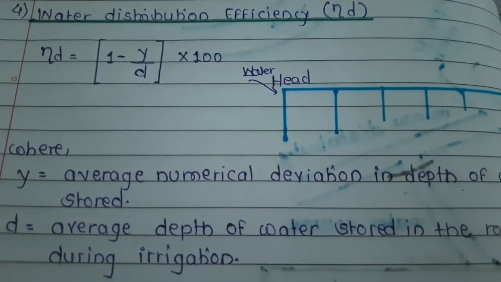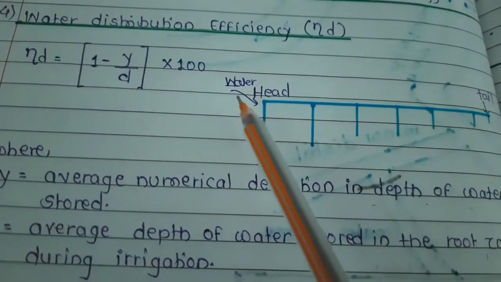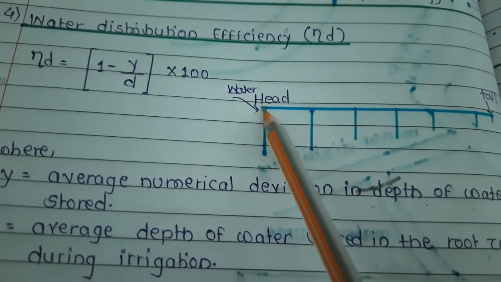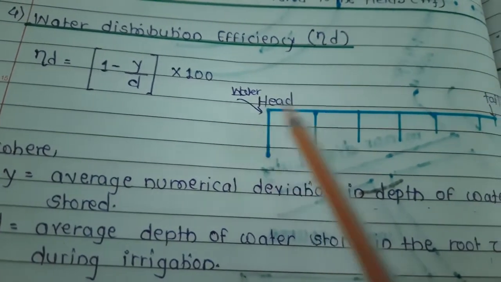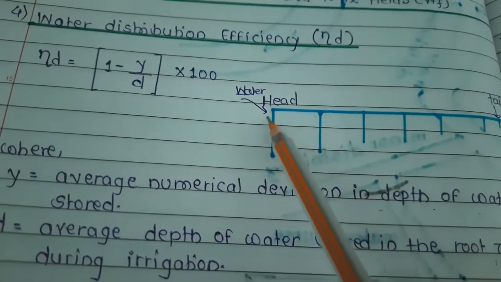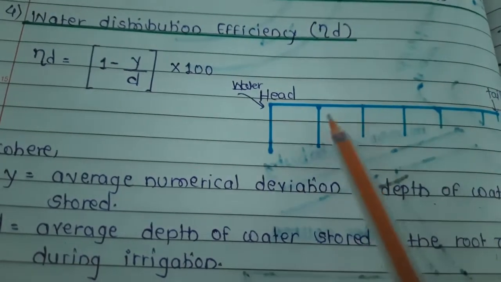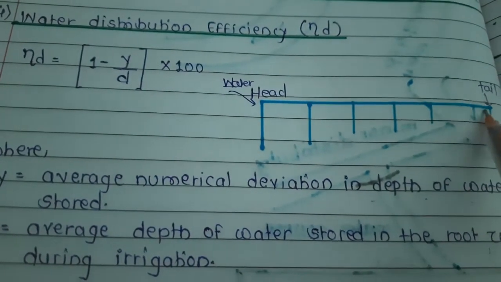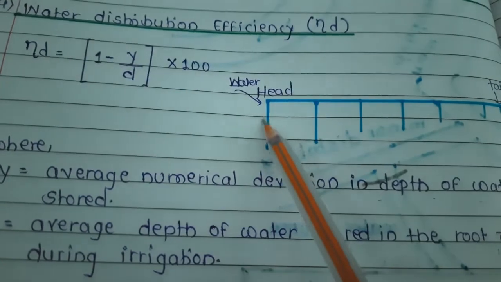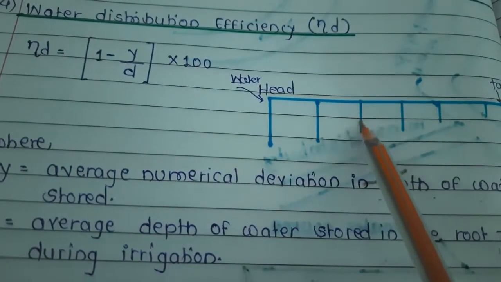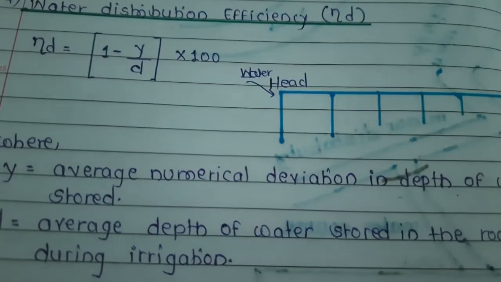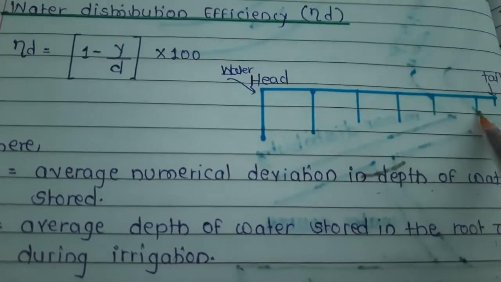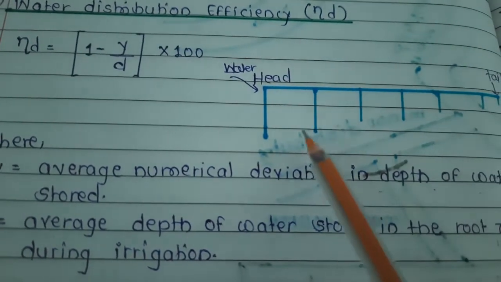See, when we apply 150 liters of water at the head of a field, is this same up to the tail? No. The depth of water is going to decrease towards the tail.